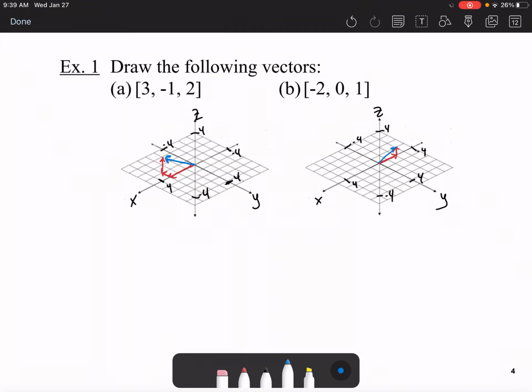What you'll notice is this vector doesn't actually travel anywhere for positive values of y or negative values of y. So this is actually said to be in the xz plane. That's how we can describe these kinds of vectors.